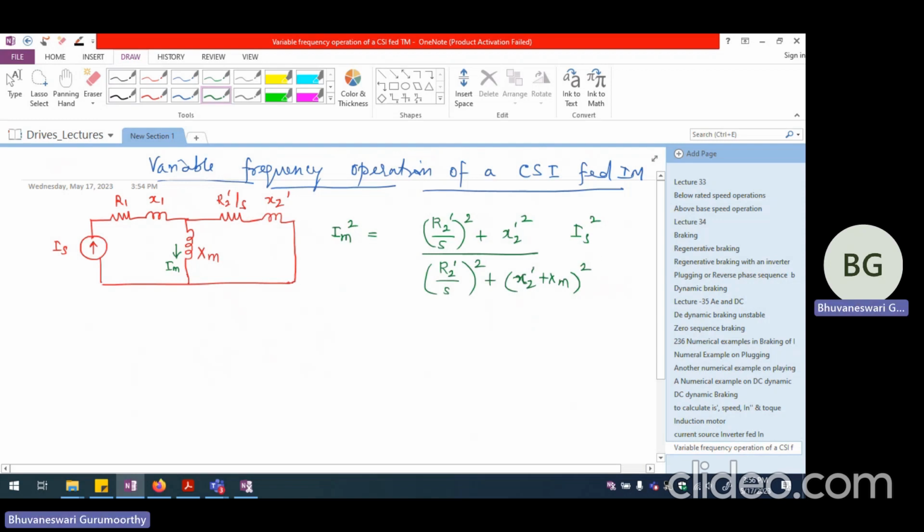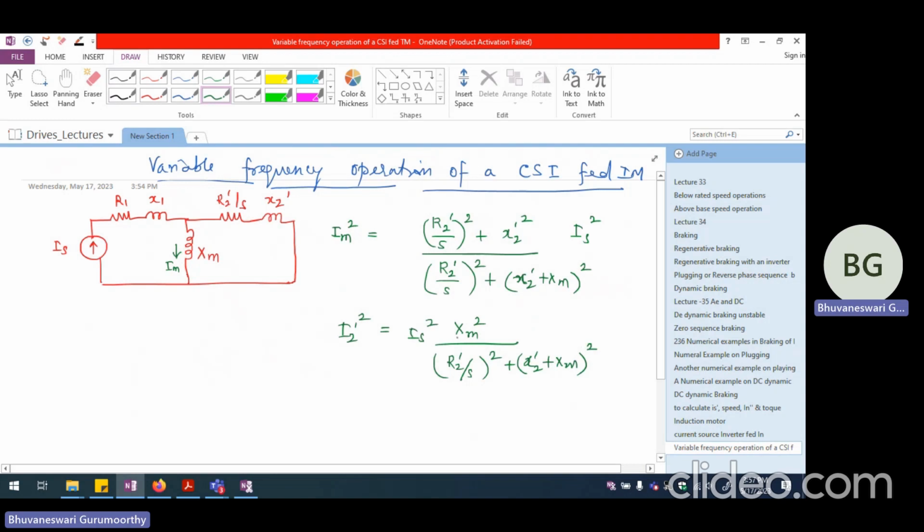The same way we should be able to write I2 dash square will be equal to XM square divided by R2 dash divided by S the whole square plus X2 dash plus XM the whole square. This has to be multiplied by IS square.